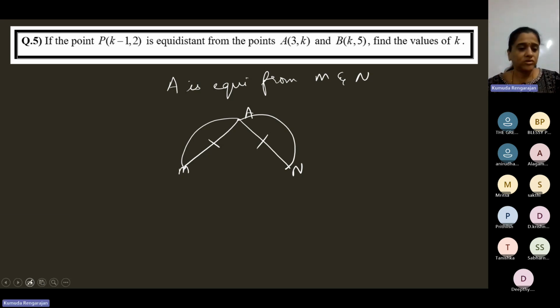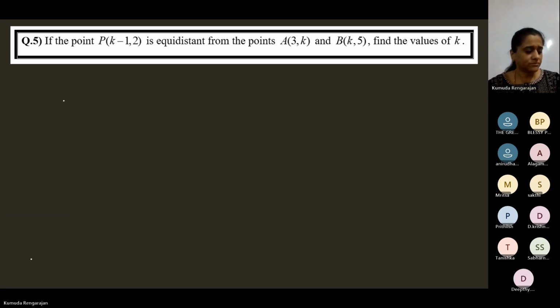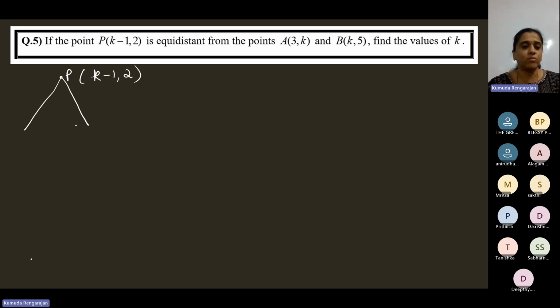All right. So here, what do we have? We have the point P, which is given by K minus 1, 2. That's equidistant from the points A(3, K) and B(K, 5). Now from this question, what do we understand?